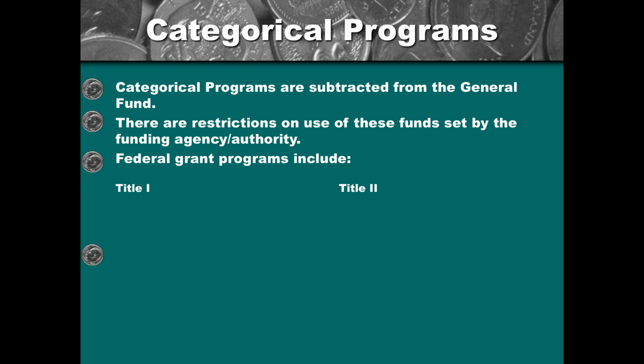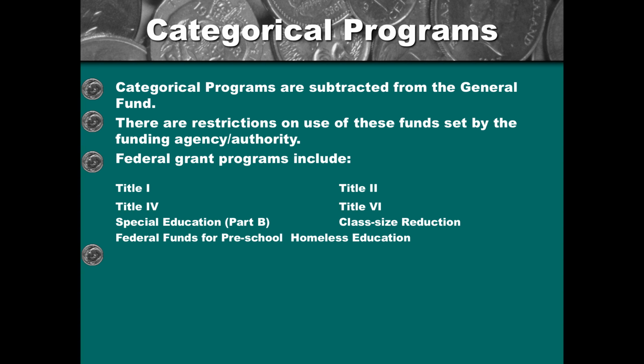They include things like Title I, which is essentially monies for students in poverty, Title II, which is teacher quality, and several different variants in title programs: Title IV, Title VI, special education, class size reduction funds, which is an older kind of funding system that doesn't exist anymore, and then federal funds for preschool and homeless education.